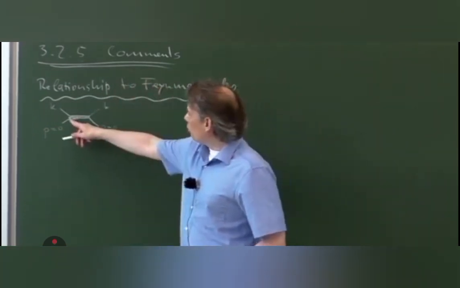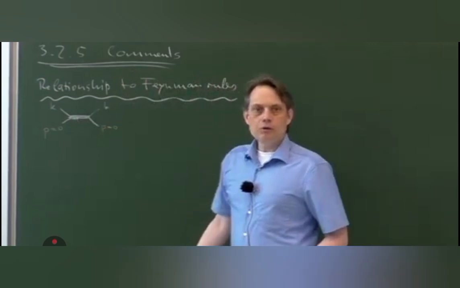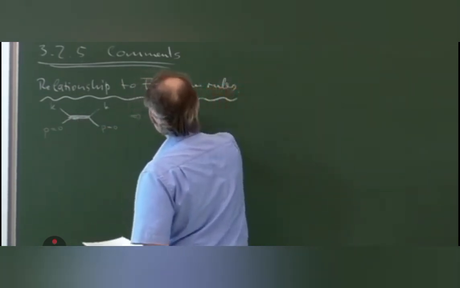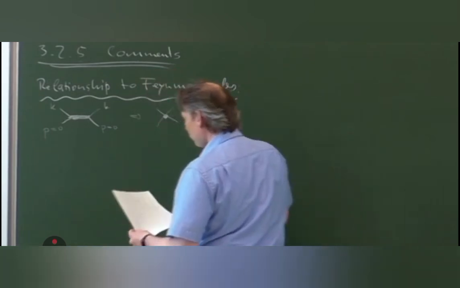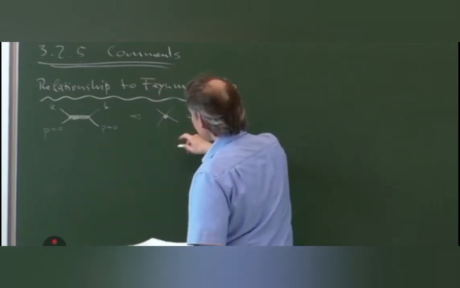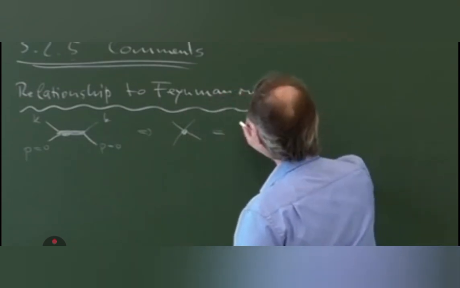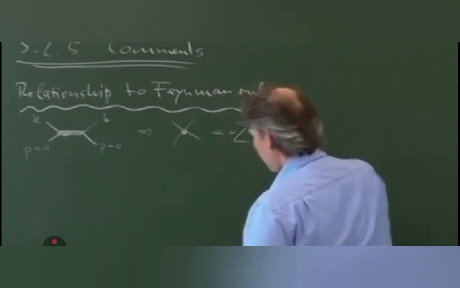Then in the heavy line, k is the running momentum, and if we approximate this to an effective field theory vertex, this becomes 1 over k squared minus capital M squared, and this can be expanded as a geometric series.